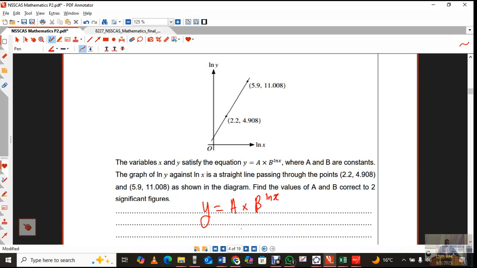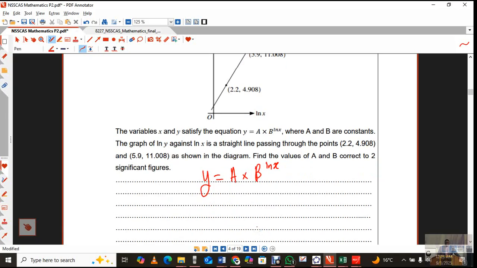The first thing I will do, I'll say this is the natural log of y is equal to, let me put the natural log of a using the properties of logs, multiplying, so I'm going to add, and then the natural log of b, and obviously that is in front over there, so I'm just going to bring it down, so that's the natural log of x. Okay, so I'm just going to put this in bracket just to indicate something.